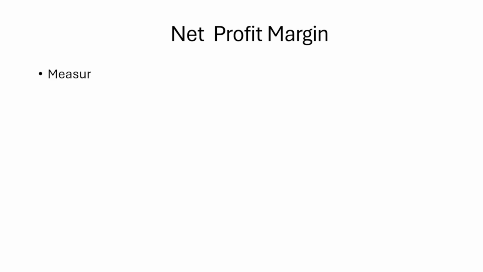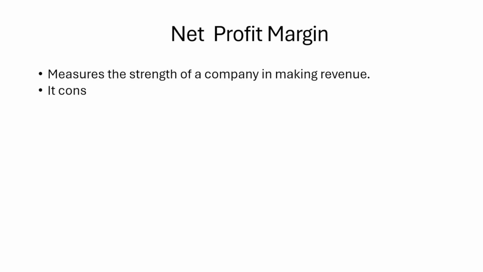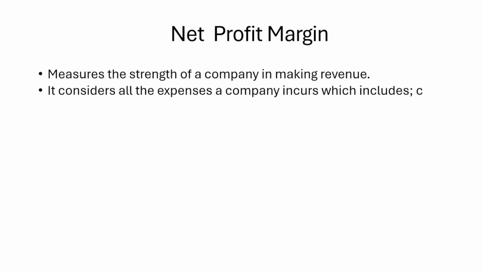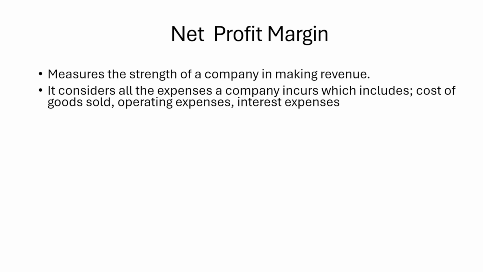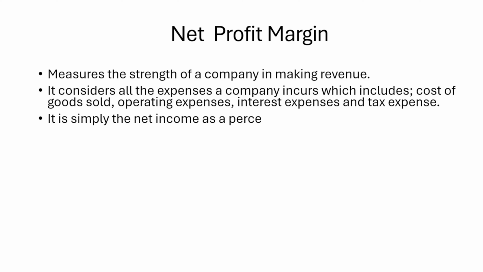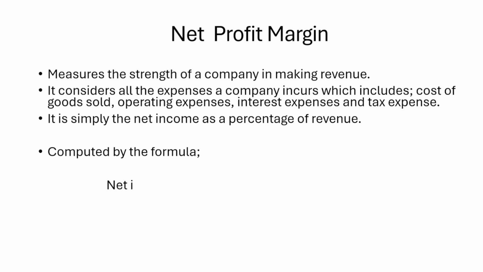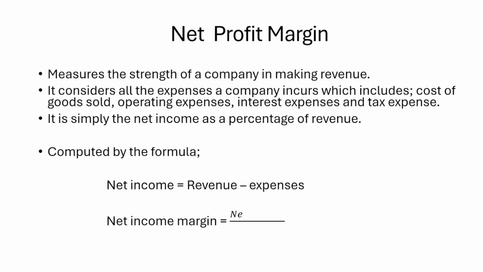The net profit margin is simply a measure of how strongly a company is able to make profit from revenue. It considers all the expenses that the company incurs, which includes the cost of goods sold, operating expenses, taxes, and interest expenses. So, the net profit is simply the revenues minus all the expenses. Then the net profit margin is the net income divided by the revenue times 100.